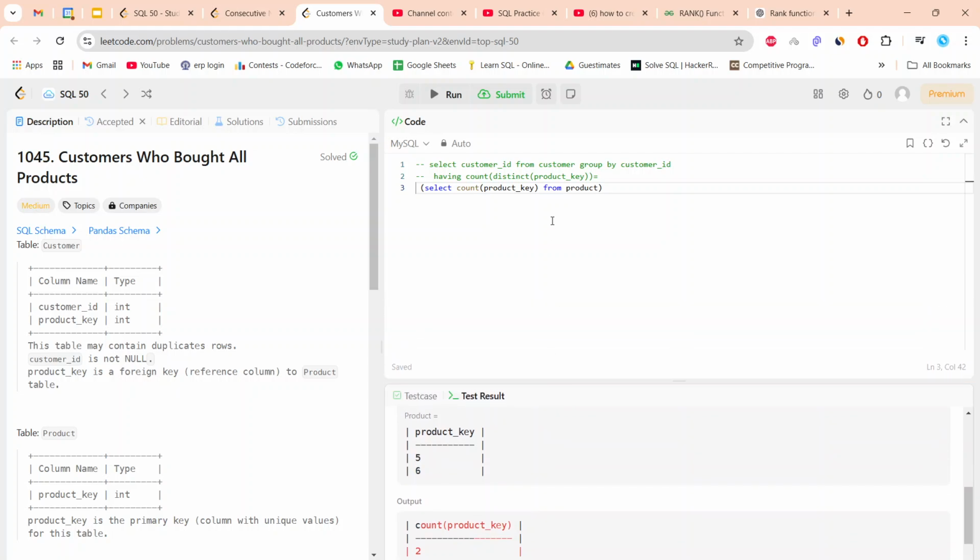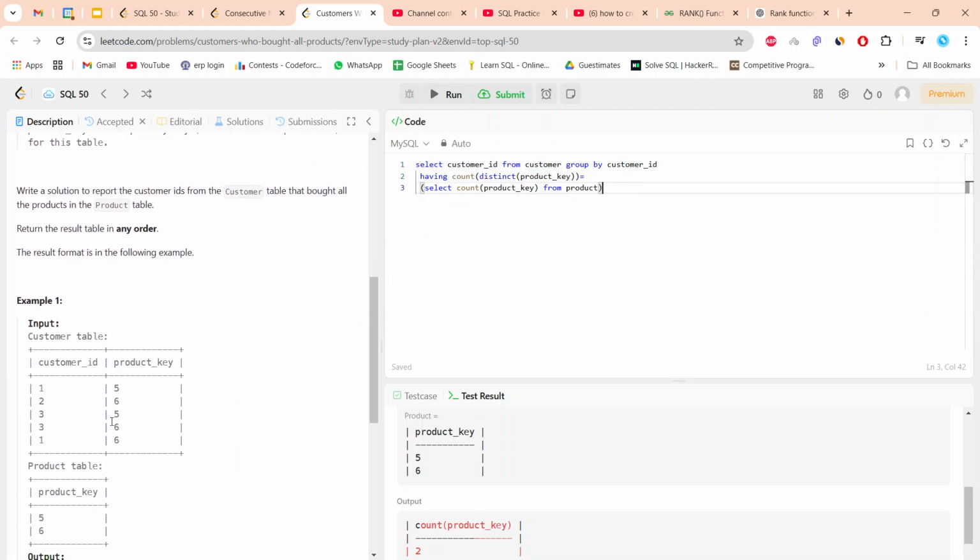Now let us see the first part, where we need to find the count of the unique products bought by a customer. How to find the unique products bought by a customer? Our first intuition is that we need to group the customers by their customer ID.